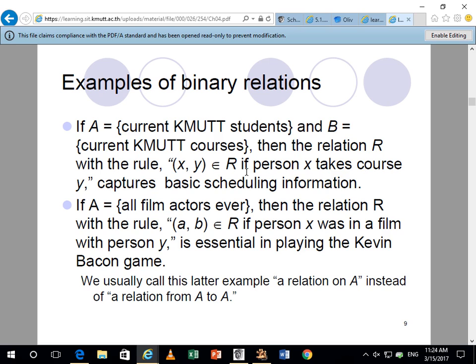Now let's have a relation R with this rule. So we have X, Y. So we have two, binary, we have this, and we have A and B. It specifies that if person X takes course Y, so X and Y. So for example, I guess Saren came up earlier, we can put Saren's name here, and we can put CSC165 here.